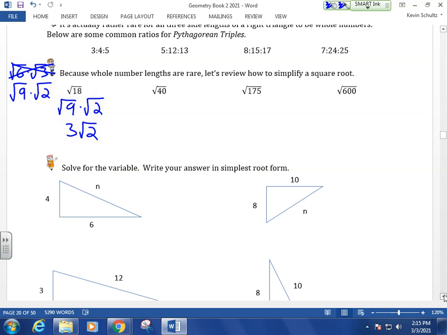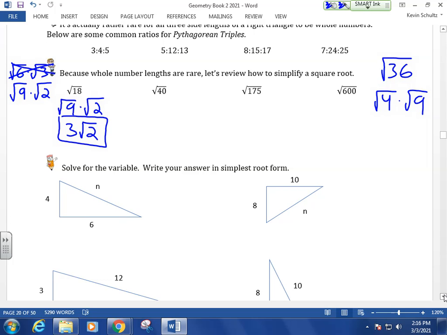Even though we can't simplify the root 2, we can only simplify one of them. That's still considered simplest form. If you ever can simplify both of them, then that means you have a perfect square to begin with. Say you're starting with something like root 36, where your perfect square factors are root 4 and root 9.